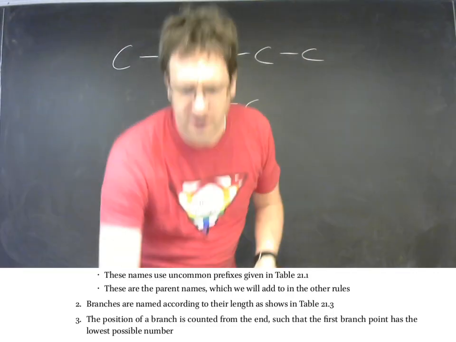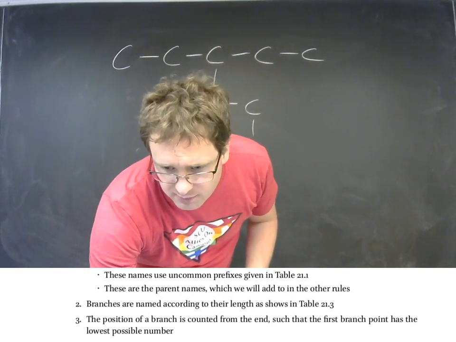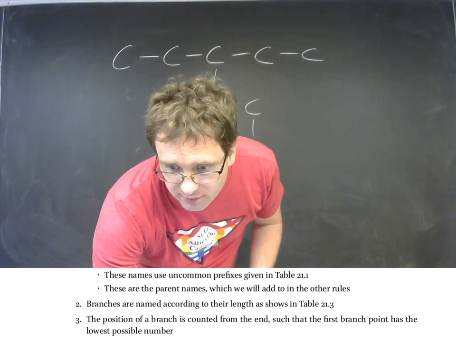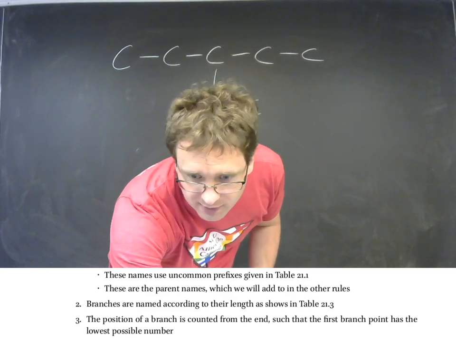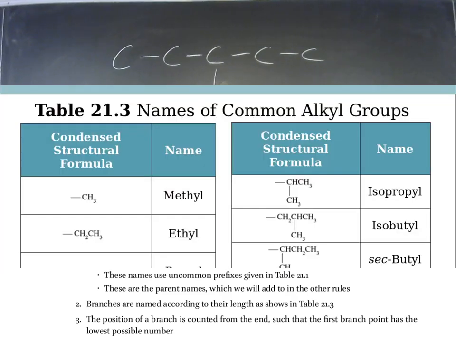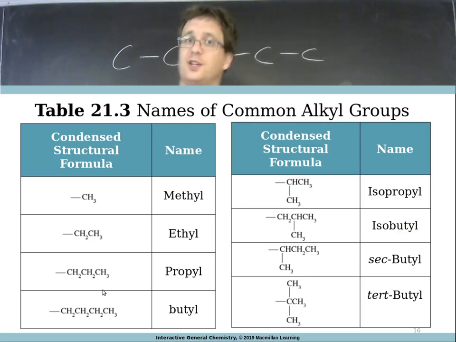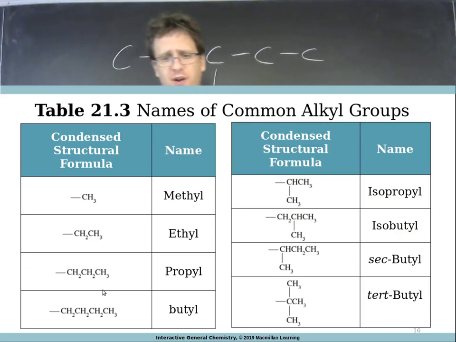For branches that are composed of carbon and hydrogen themselves, sorry, I gotta navigate to the right slide here, then you can name them according to this table here. A branch of just CH3 would be a methyl group.